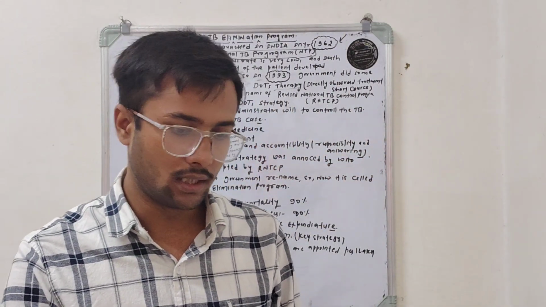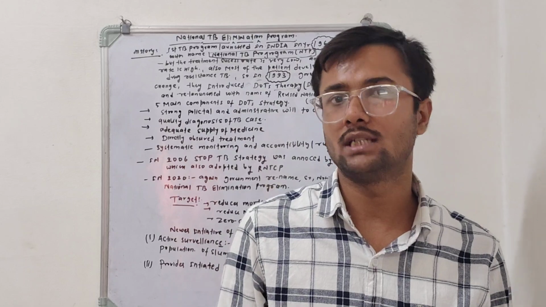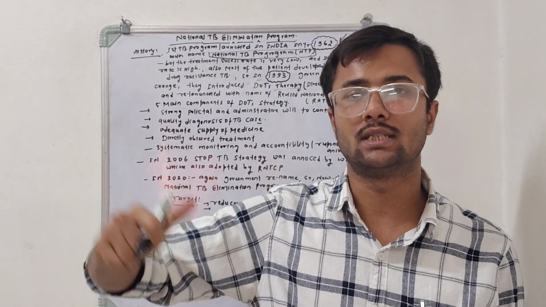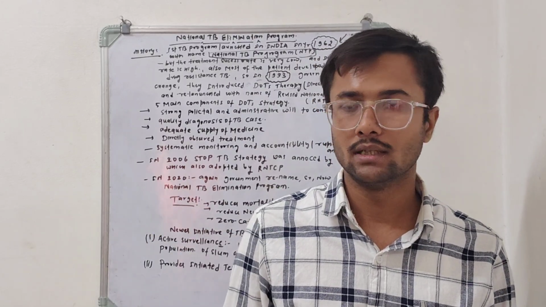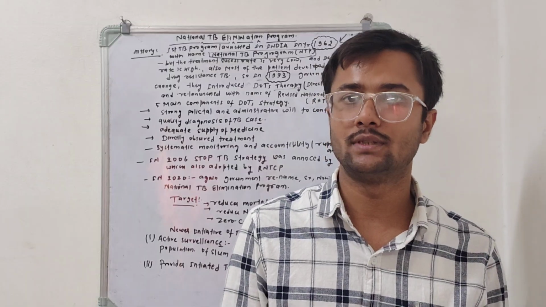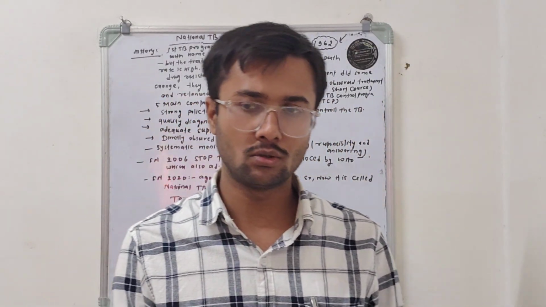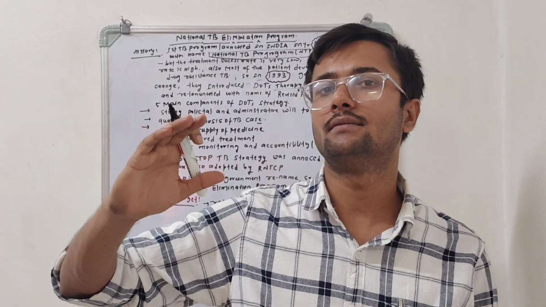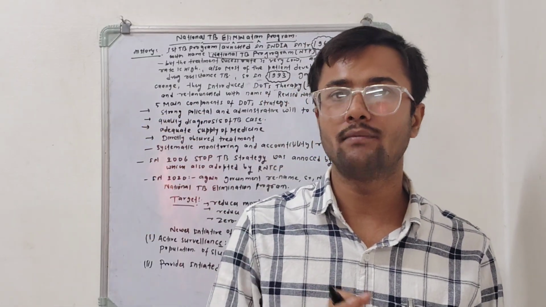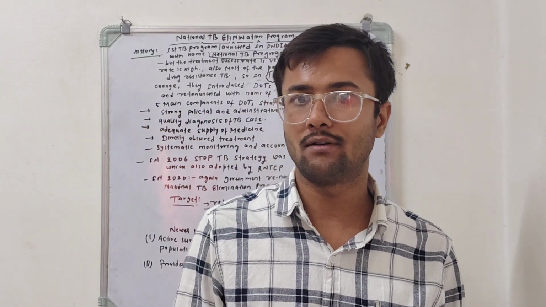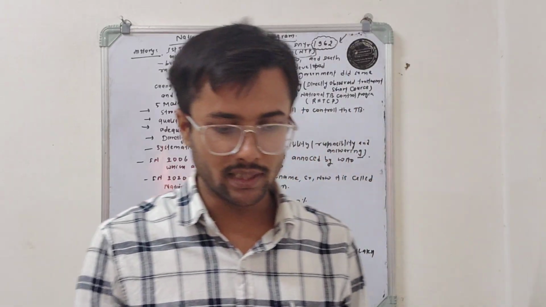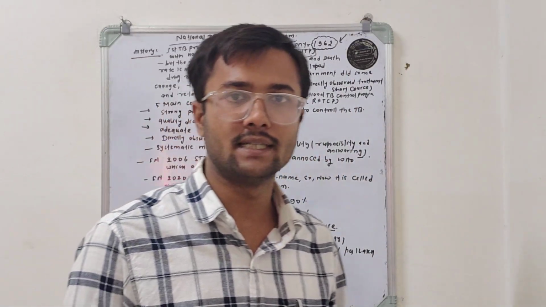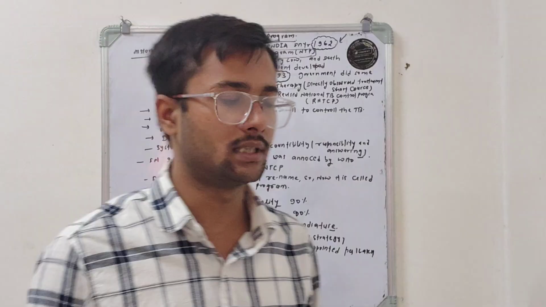But what difficulties did the government face after launching this program? The death rate was very high, the case rate was very high, and some patients developed multiple drug resistant TB. So basically these were the failures of the NTP.